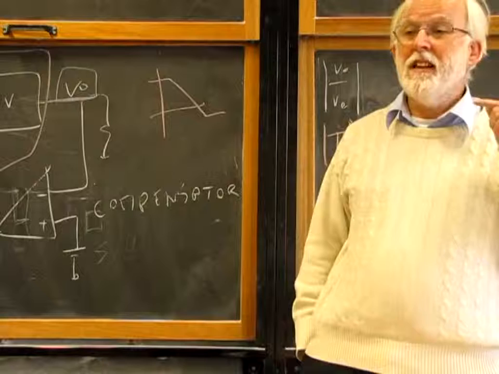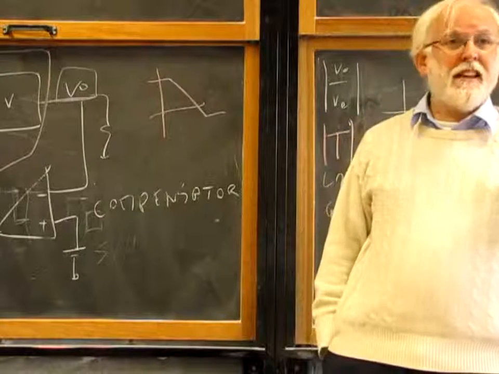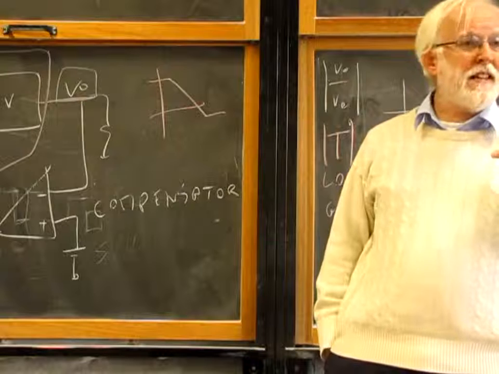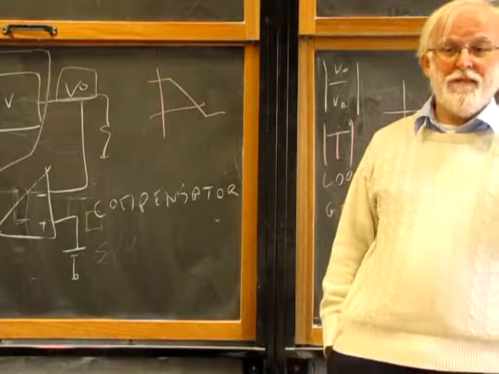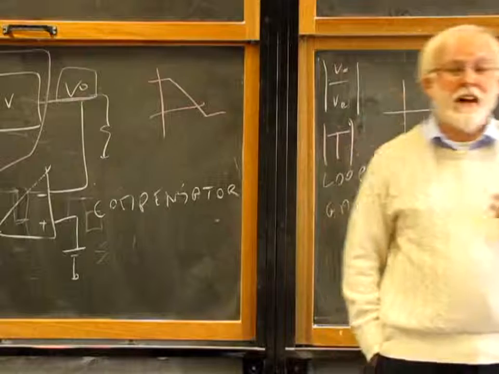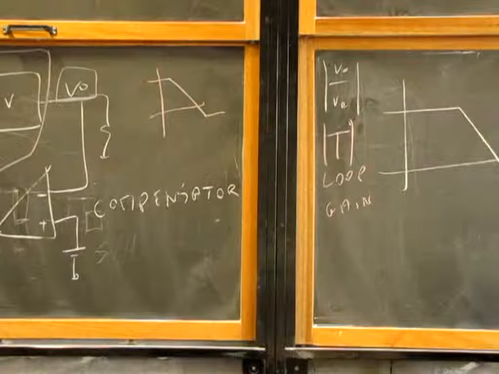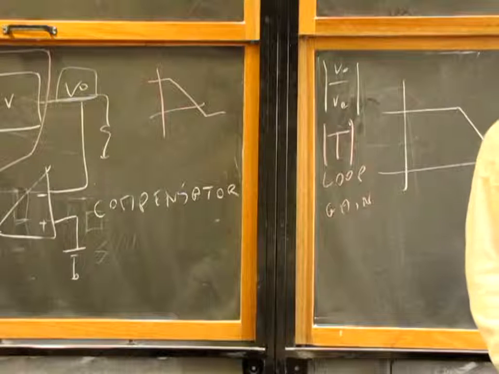Type 1 system has zero steady state error for a step and a constant steady state error for a ramp, and cannot track a parabola. One integrator is fine. High gain at DC means low steady state error. Okay, that is the second point.